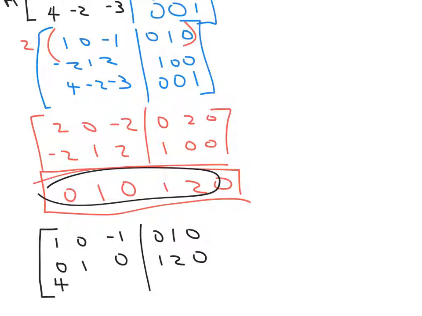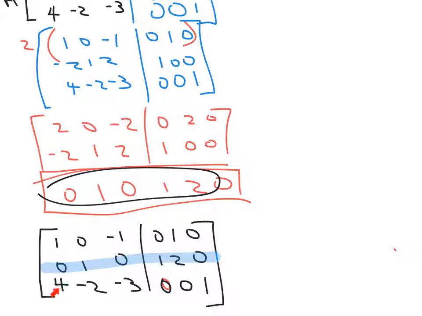And my third row, which we've done nothing to, is 0, 0, 1. Now notice that my second row is locked, and my first row is pretty well done. The only thing I'm going to have to do on my first row is change that to a 0, and we'll get to that in a minute.